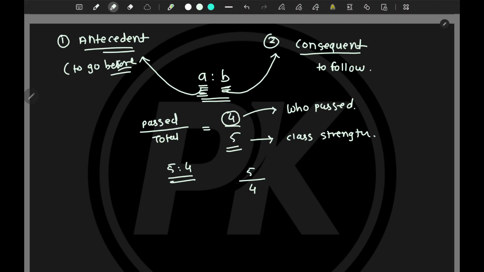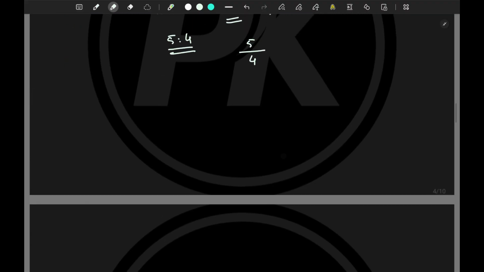It is logical. Now let's come to proportion. What happens when two ratios are in proportion? Let's say A as to B is in proportion to C as to D. Here we have to understand what is antecedent and what is consequent. This is the first ratio, this is the second ratio. In the first ratio, the first term is the antecedent, and in the second ratio, again the first term is the antecedent.